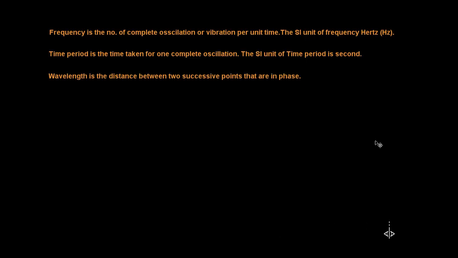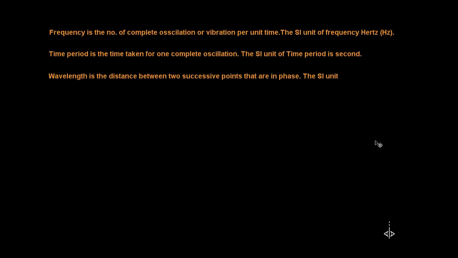And wavelength is the distance between two successive points that are in phase. Successive means one after another, that is the adjacent point, the next point in the line. So the SI unit of the wavelength must be obvious to you because it is the distance.